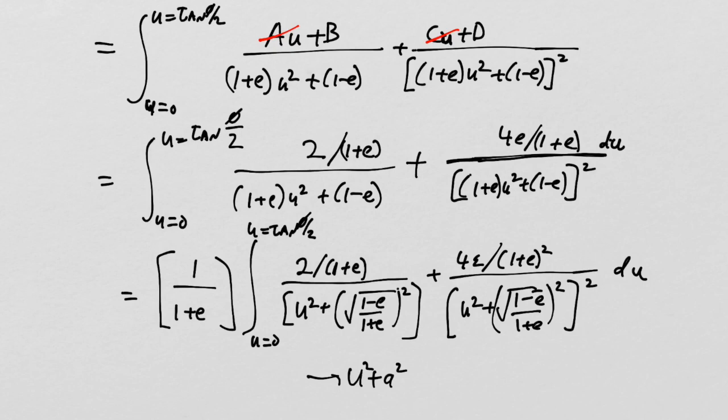So that's what I've done: I divided by 1 plus e, so I have a u squared, and then this term will be the square root of 1 minus e over 1 plus e, squared. So I know it looks like a square root squared, but that's because I'm ultimately trying to get something I can just work my classic trigonometric substitutions for. And I did the same thing here because they both have the exact same structure, but this time I have a square there. And in order to make this work, I end up with a 1 plus e in the numerator squared, and then a 1 plus e here.